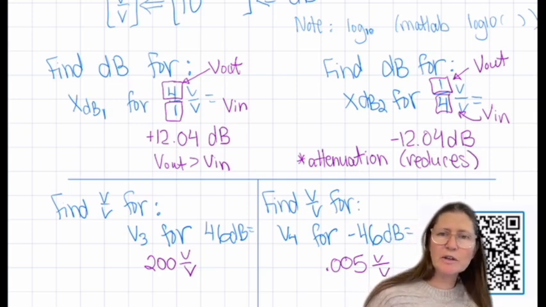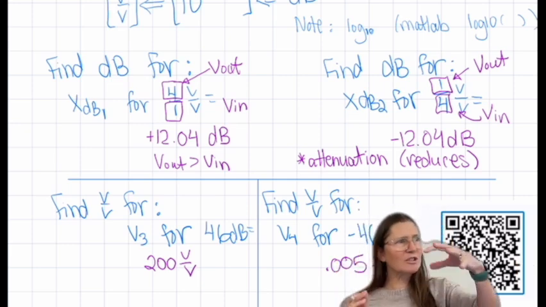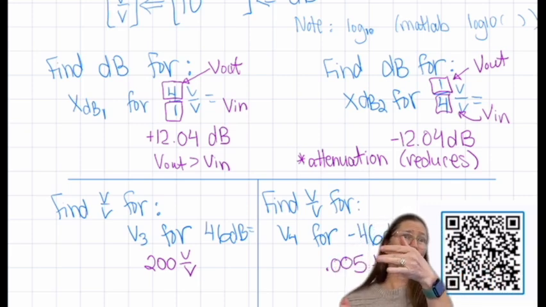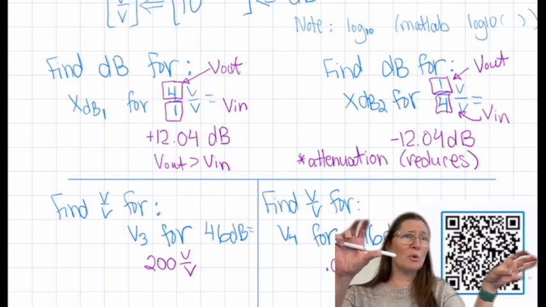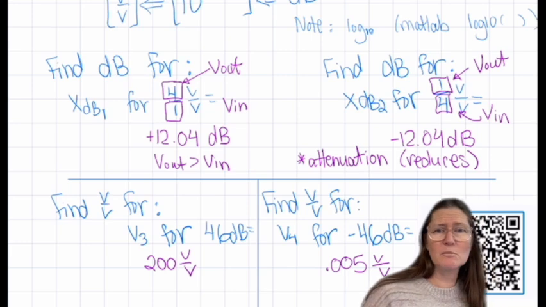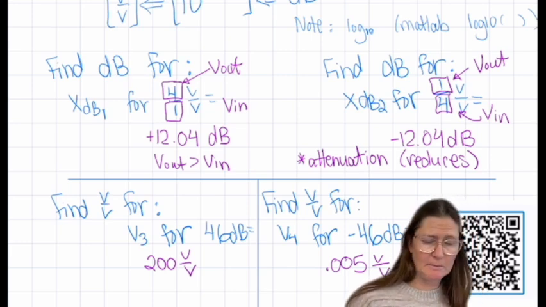If you remember when we did the voltage divider, there was one example where the voltage divider reduced your input, which was not what you wanted. So we put a voltage buffer in there to keep that signal the same from one point to the other point. Attenuation is the other name for that, but it basically reduces it.